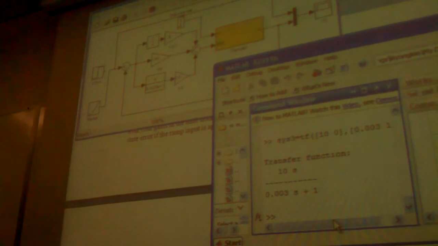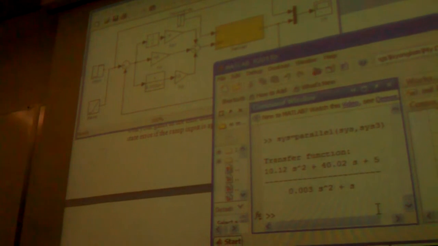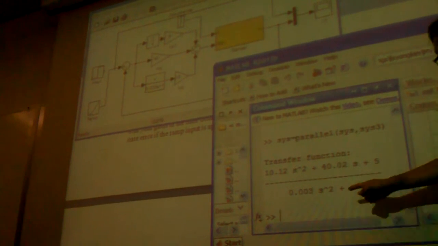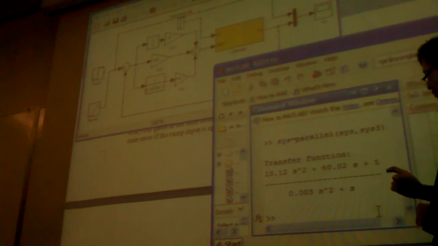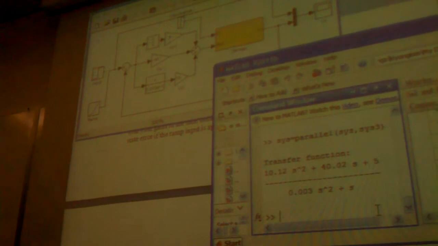Okay? So now the total transfer function will be adding the previous one, right? A parallel system. I call this system 3, and the previous one system 6, which I added. After that I add 3, so your system is like that: 10.12 s squared plus 40.02 s plus 5 over 0.03 s squared plus s.